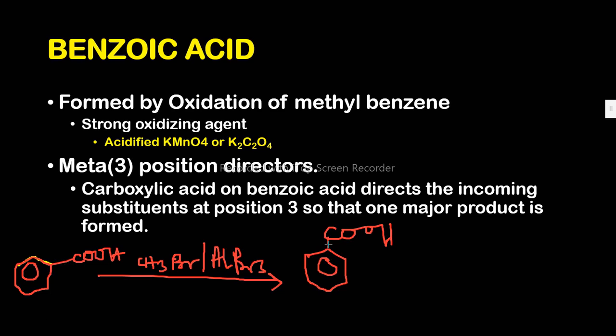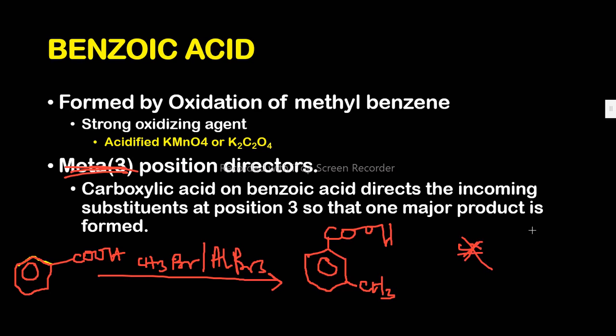So even if I do this, it is still carbon 1. Nothing has changed. Therefore, this group is a meta director. It directs the incoming electrophile to the meta position, to carbon number 3. So the CH3 group must be here.